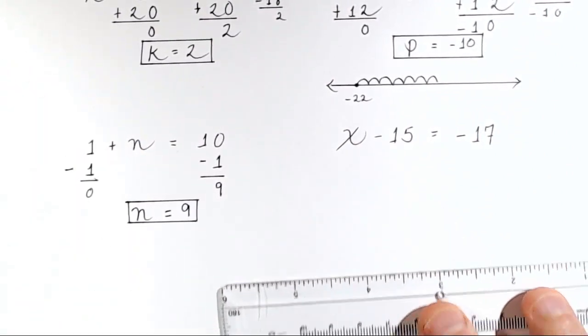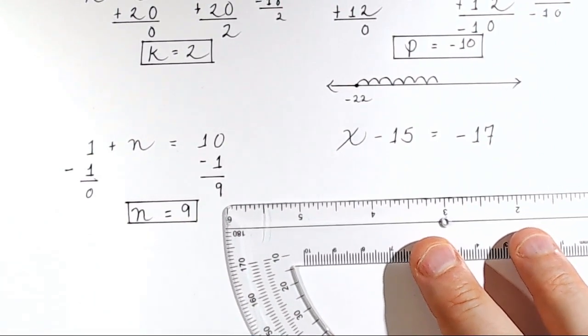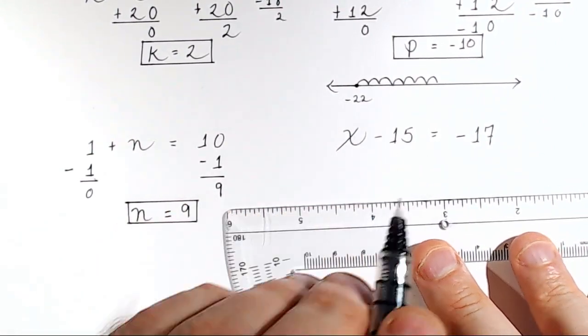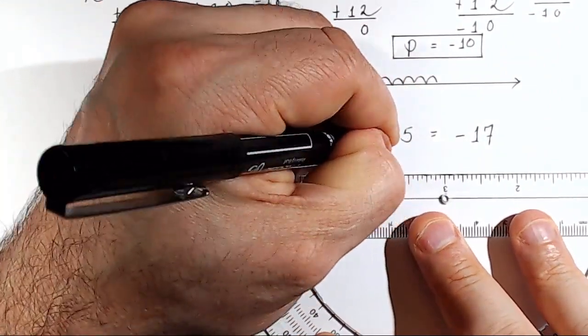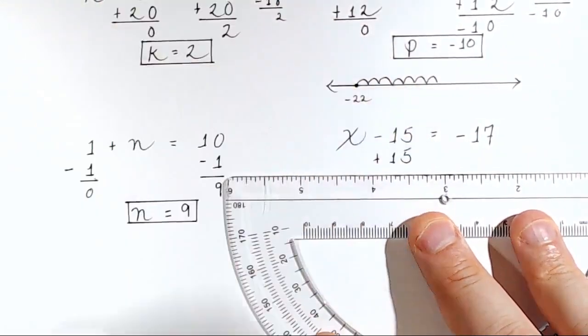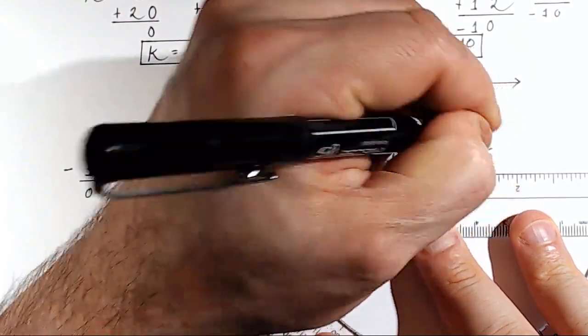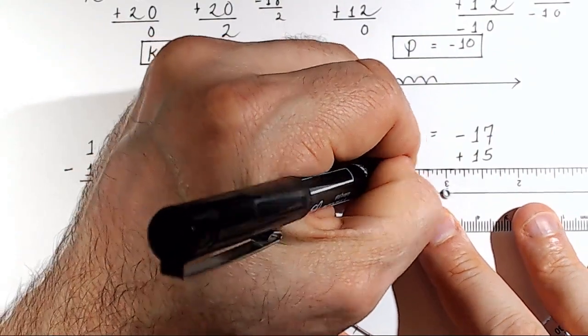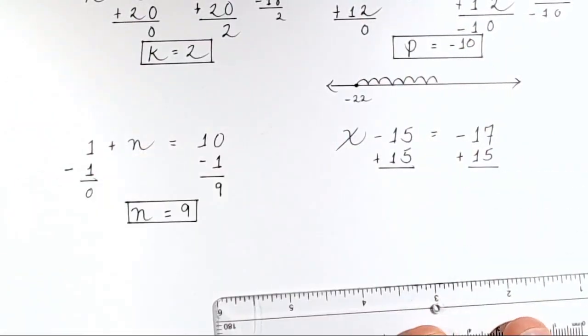Now, final problem. We have x minus 15 equals negative 17. All right, because we want to get x by itself, we have x minus 15, so we should add 15 to both sides. Notice how I'm going to keep this really carefully lined up. Draw lines like you're doing little addition problems. Negative 15 plus 15 is just 0.